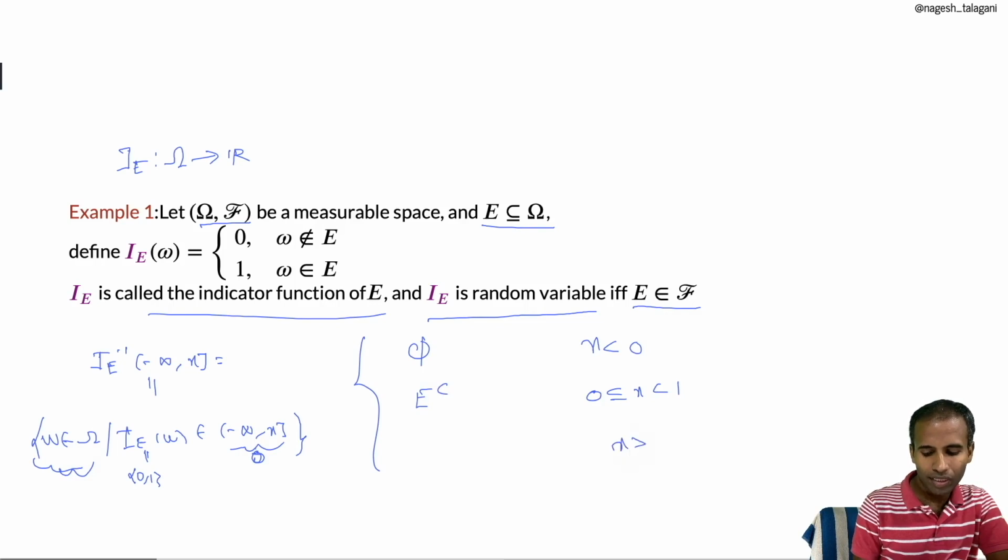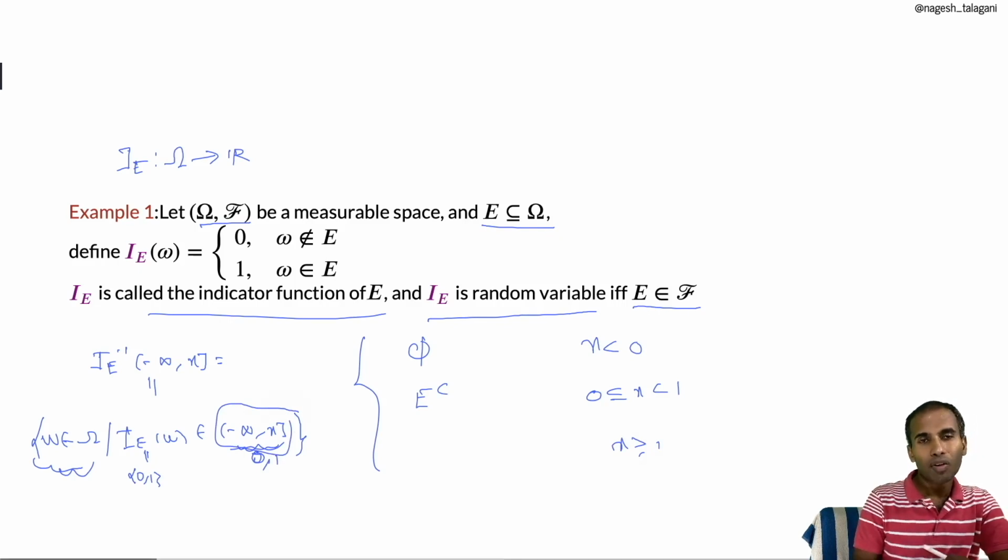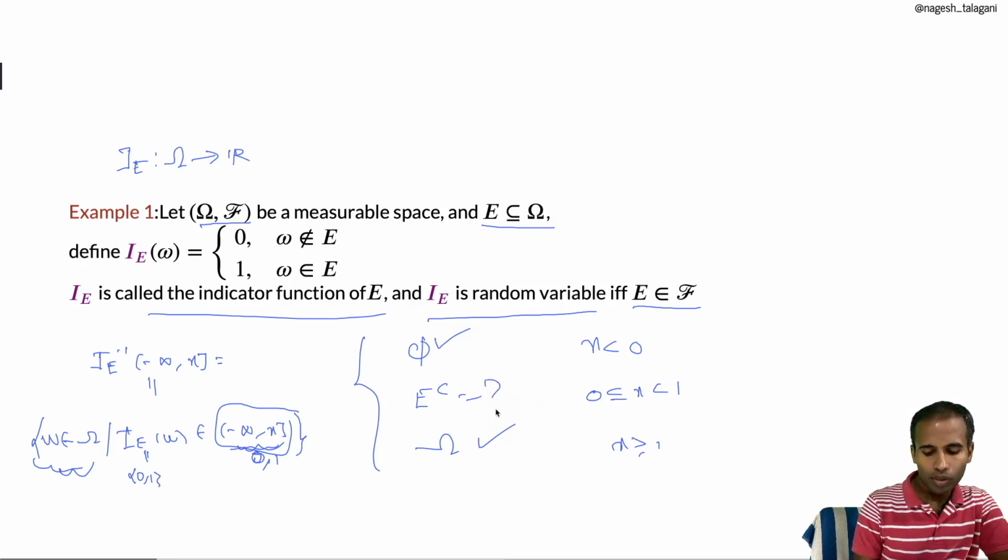If x is greater than or equal to 1, both 0 and 1 can come inside. So every outcome will be quantified inside this range. That's why this inverse image consists of all outcomes, so in that case it's the whole sample space. Now we know that in any sigma field, the empty set and the whole space will always be there. The only question is about this E complement.